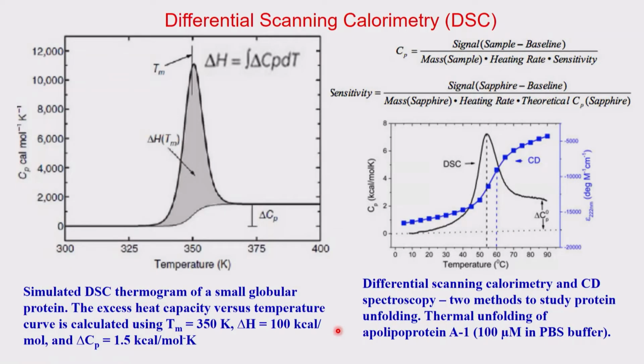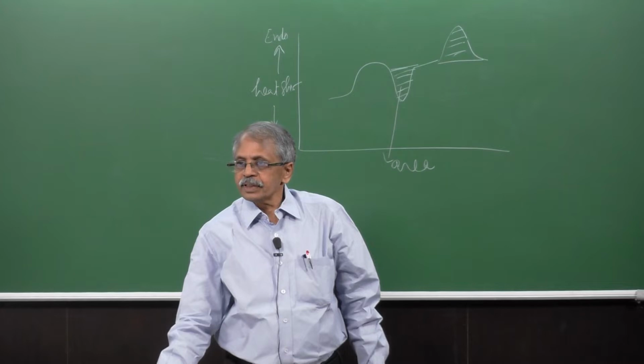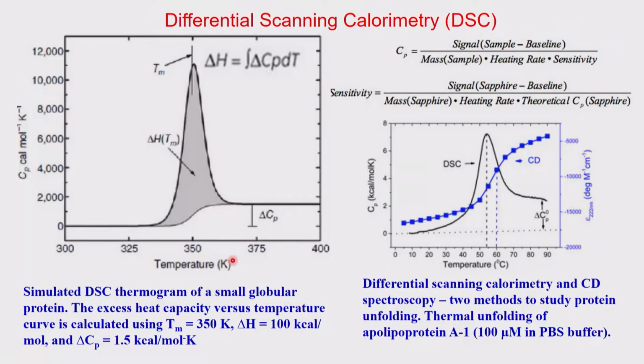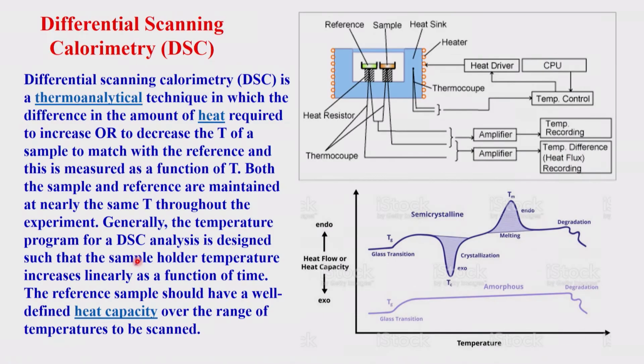Okay. So, just to get a feel for what I mentioned here on the board in terms of the area, I have shown another graph over here, which is a DSC thermogram for a small globular protein. You can see that of course the x axis is all the time the temperature, and that is the temperature which you maintained in that whole box that you have seen in the previous slide. This whole box is heated to the same temperature.